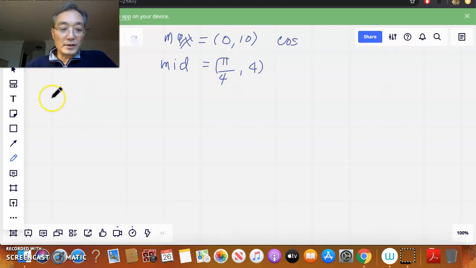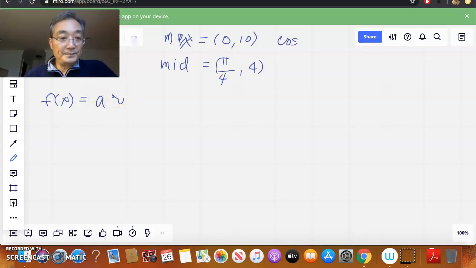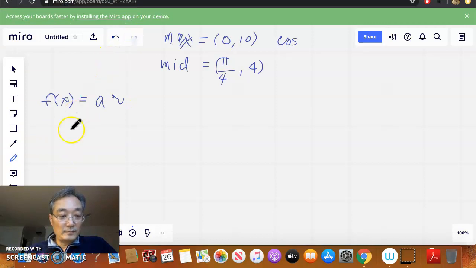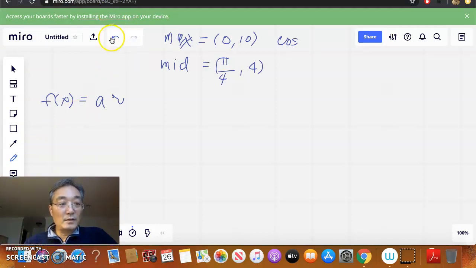So f of x is going to equal the amplitude times the cosine of the frequency times x, plus the midline.